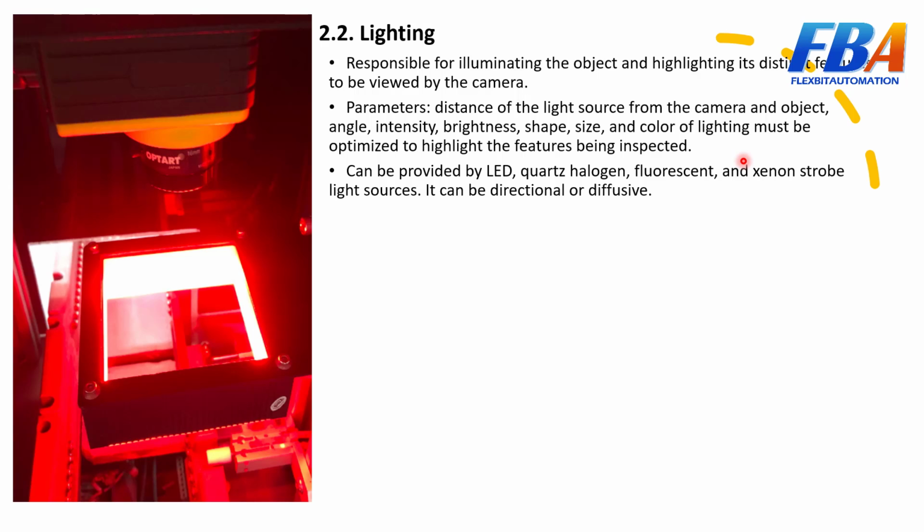The camera cannot inspect objects that it cannot see. Lighting parameters such as the distance of the light source from the camera and object, angle, intensity, brightness, shape, size, and color of the lighting must be optimized to highlight the feature being inspected.